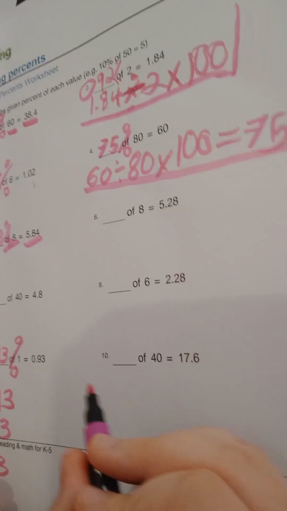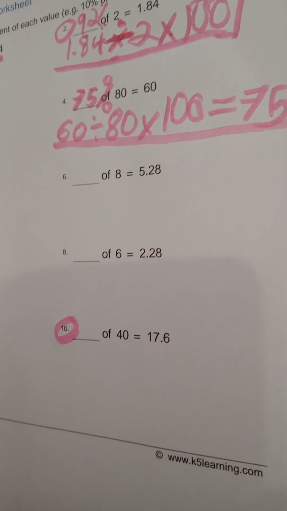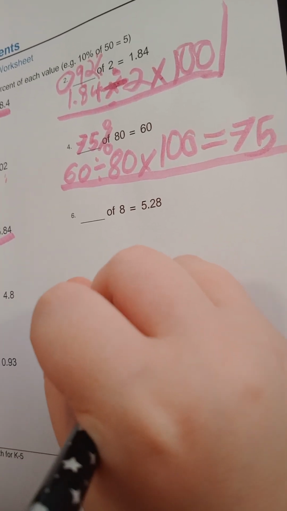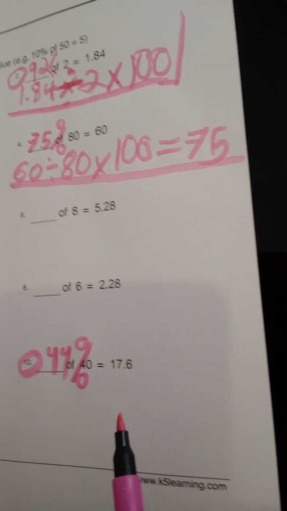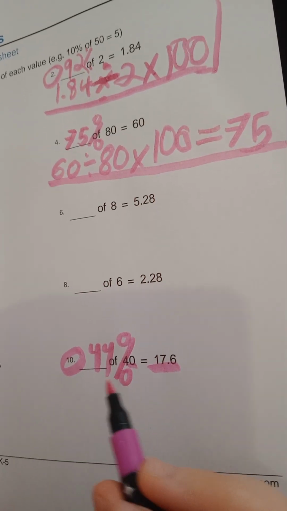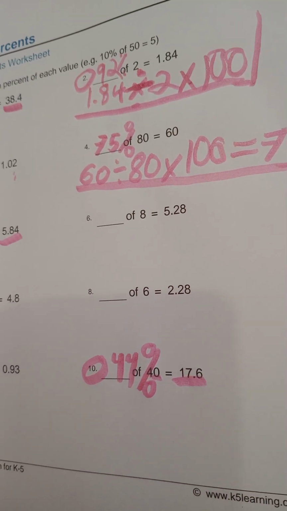I'll circle the number. That will give you 44%. Because you have to divide the part by the whole, and that's how you get your main number that is needed to fully solve the equation.